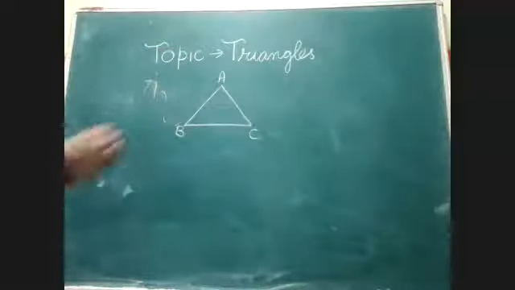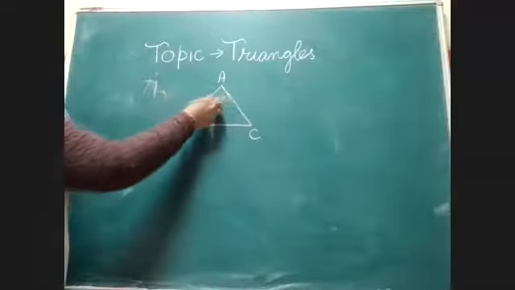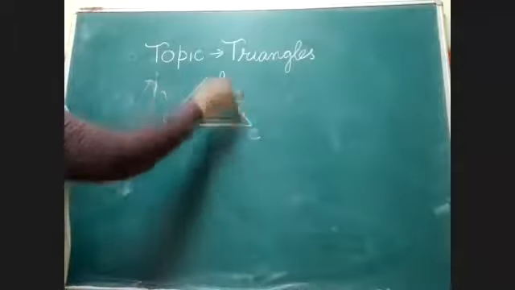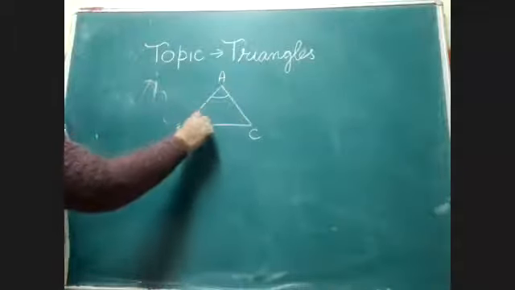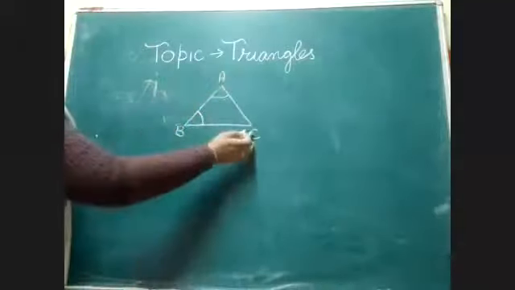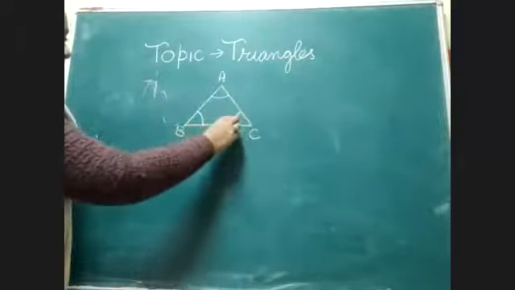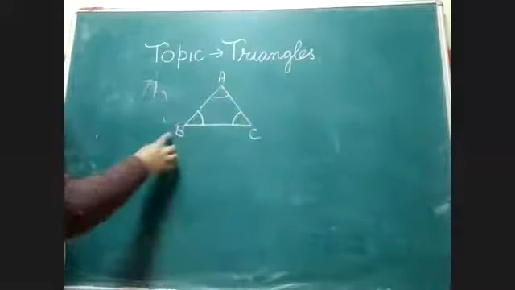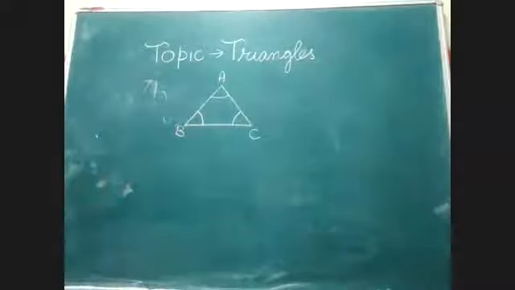And 3 angles. First angle CAB, second ABC, and third angle ACB. A triangle has 3 sides, 3 angles, and 3 vertices. Now name all these sides, vertices, and angles.